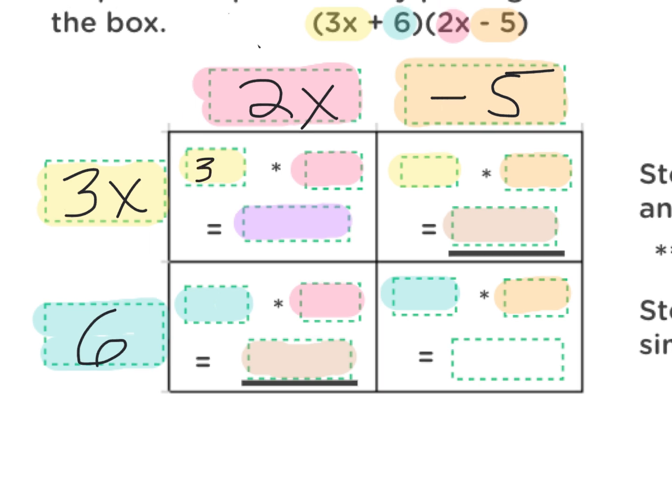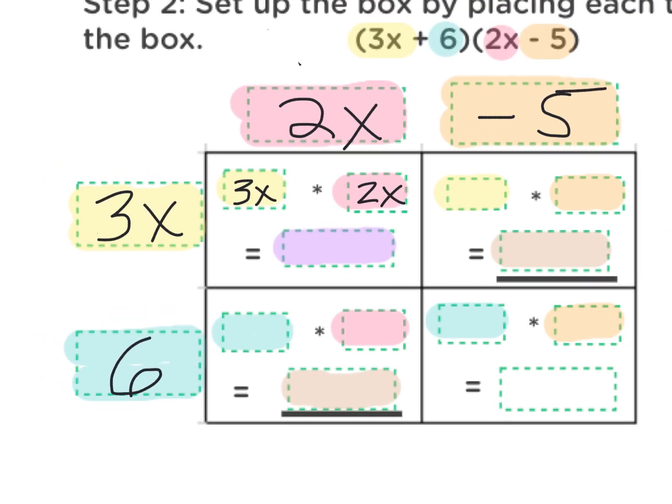So this one will be 3x times 2x. In order to multiply them together, we need to say 3 times 2, which is 6. And then we have 1x and a second x.